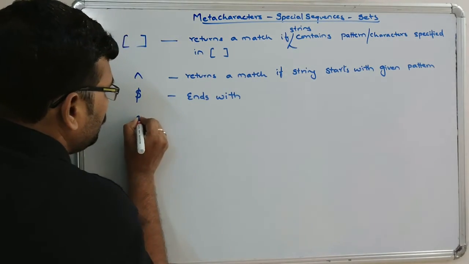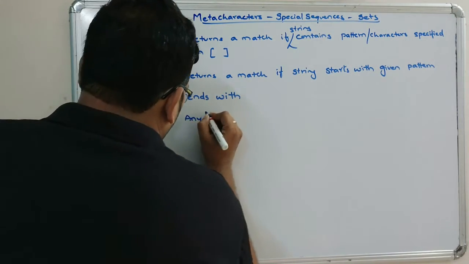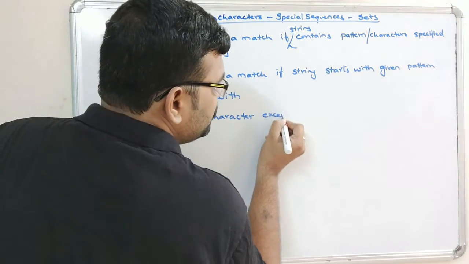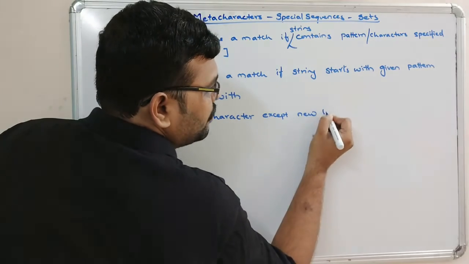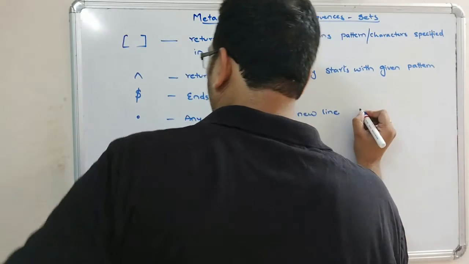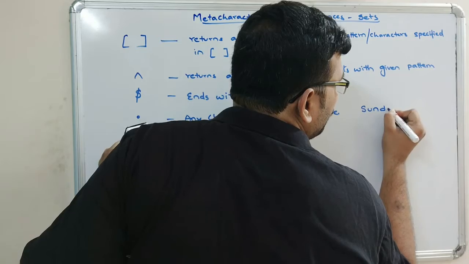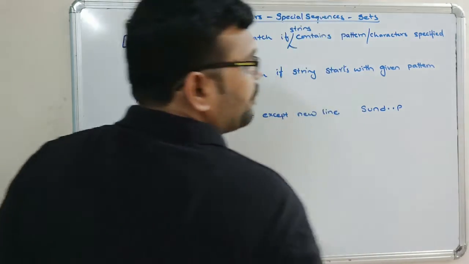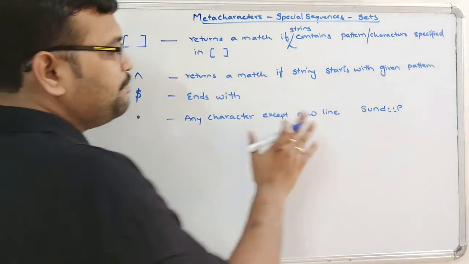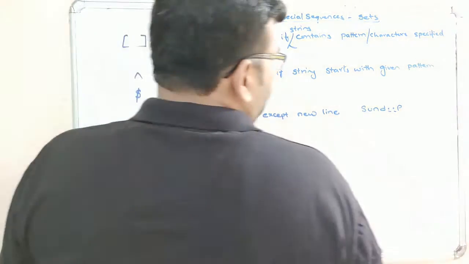Next, dot. Dot means it will accept any character except a newline. For example, if you write something like S.N.D, this dot can be replaced with any character except the newline character.